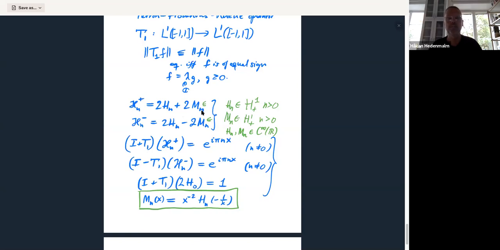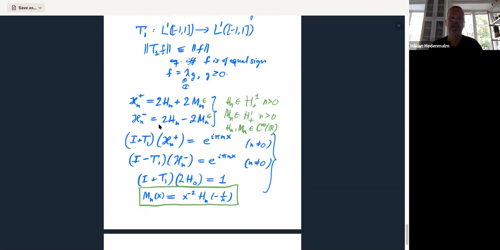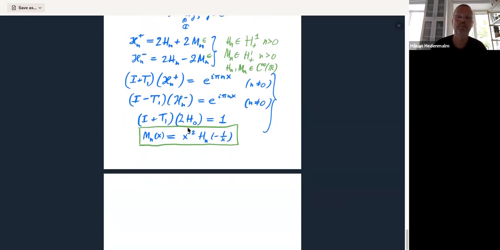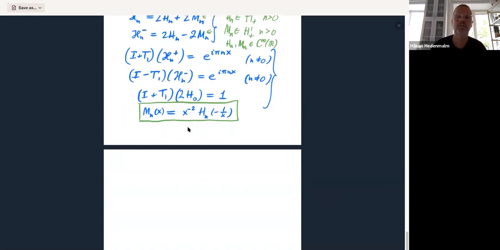You form these two sums with pluses and minuses with curly hn, and then it solves this equation I plus T1. So it's some kind of Neumann series. So hn plus is some kind of Neumann series associated with these complex exponentials. So basically we have two Neumann series representing these two kinds of functions.